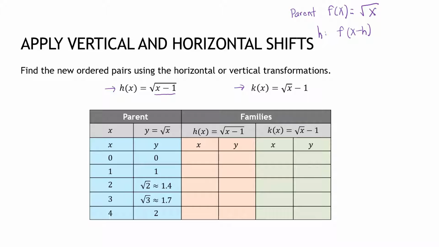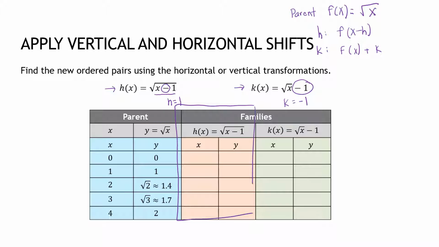That means that h is positive 1, because h is always the opposite sign of what we see. Whereas we talked about k, or the vertical shift, being f of x and then plus or minus k. And so here, because it's actually a minus 1, then k is minus 1. Now h is a horizontal shift, so I'm going to focus on that one first.